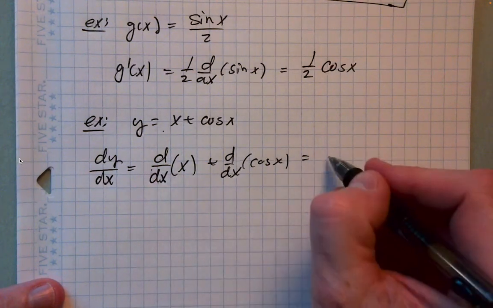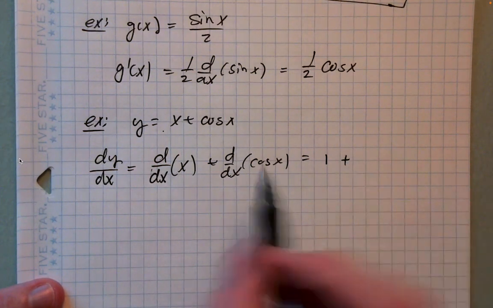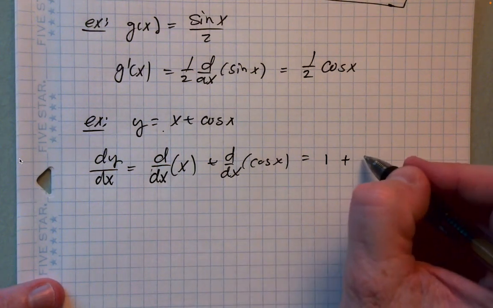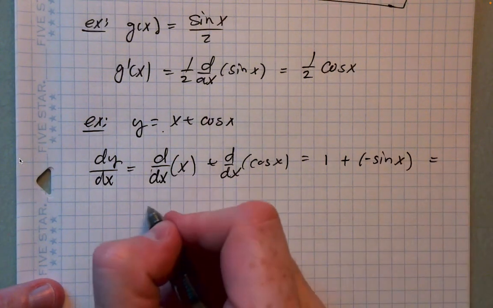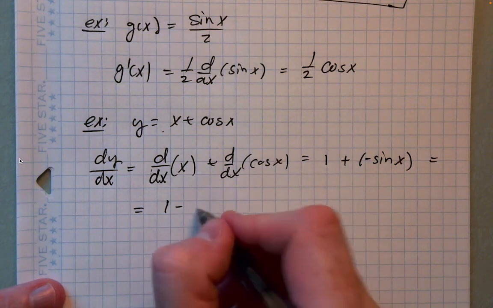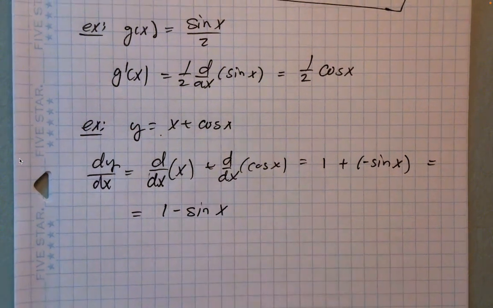This derivative is 1. This derivative is negative sine x. And so you would say it's 1 minus the sine of x. Okay, very good. So I think I'll break the video there, and we'll come back and do some more examples in the next video.